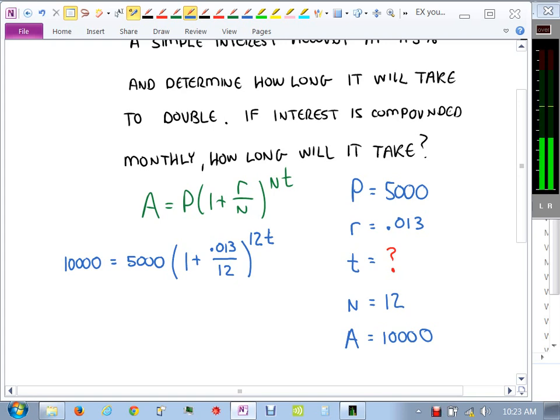Everyone see where all that came from? Now, before we try and solve for t, let's clean some stuff up. If you could, get on your calculator and do 0.013 divided by 12.